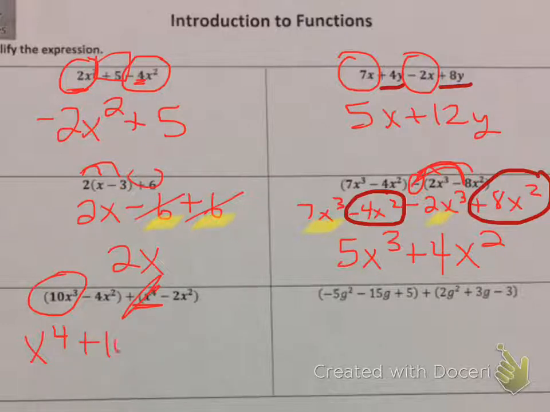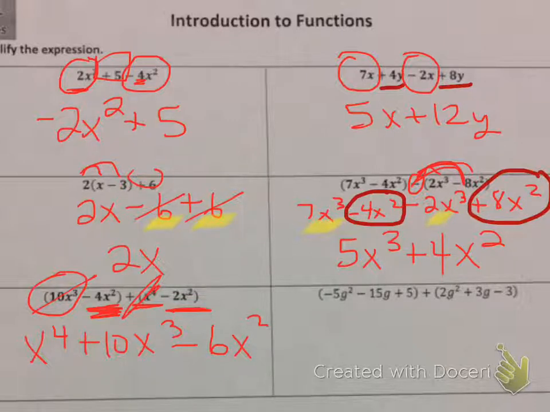I have a positive 10x cubed that doesn't combine with anything because there's nothing exactly like it. But I do have this negative 4x squared and this negative 2x squared, which are like terms. They do have exactly the same variable on them. So I'm going to combine those together. A negative 4 and a negative 2 make a negative 6. And then I still have that x squared on it.